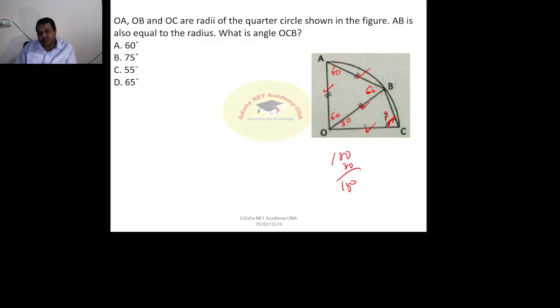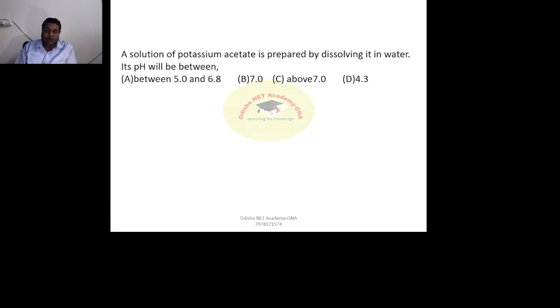So the summation of these two equal angles is 150, divided by 2, that is 75. So each one is 75. This is also 75. So the answer is 75. Got it? Now next question.